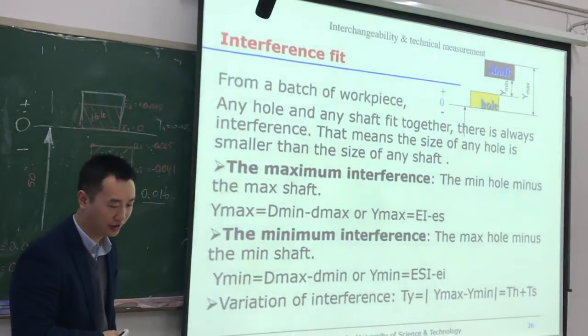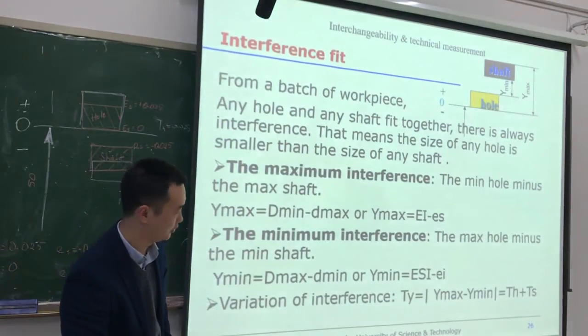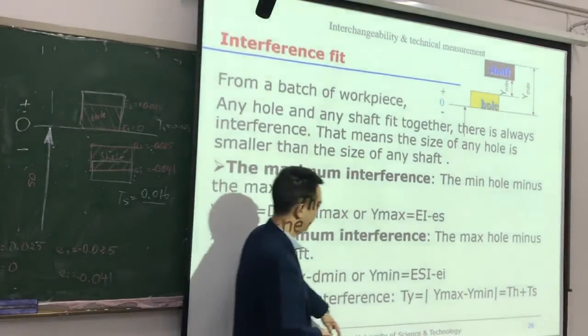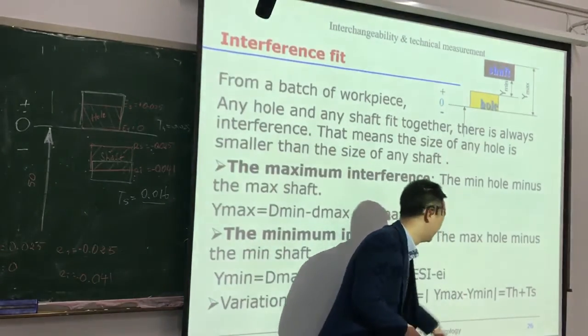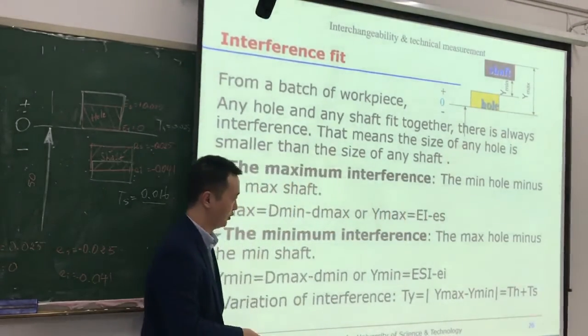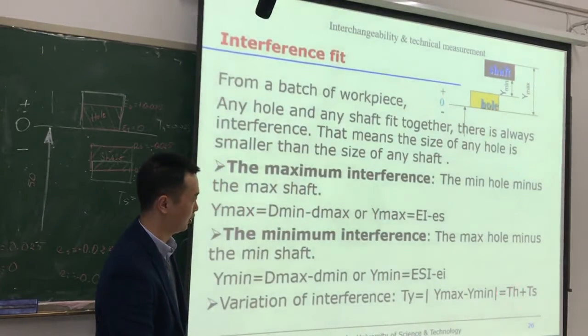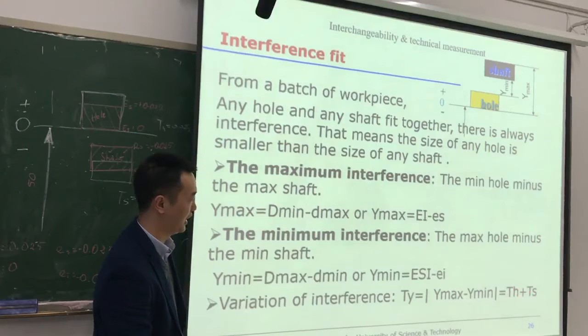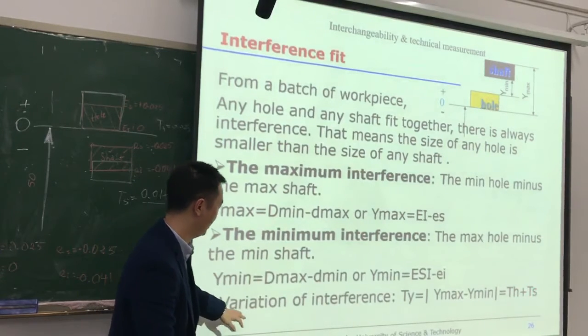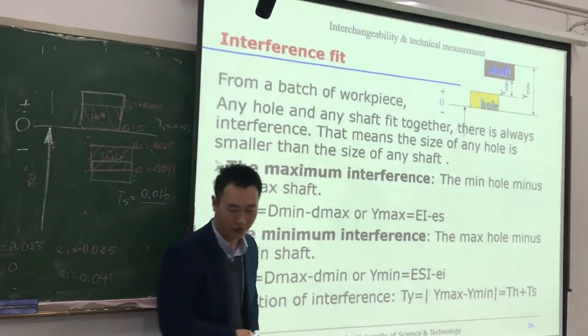The variation of the interference equals the maximum interference minus the minimum interference. You will find that the answer also equals the tolerance for the hole plus the tolerance for the shaft. That's the variation of the interference.